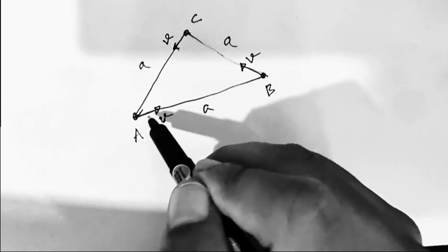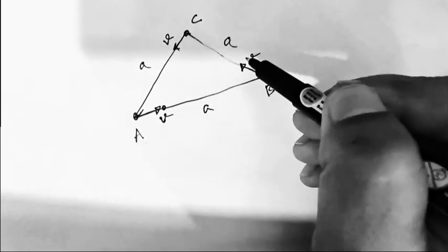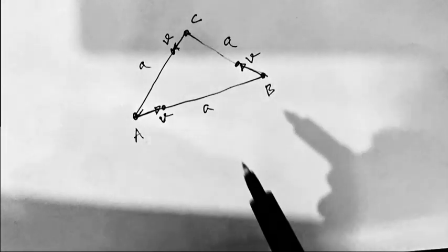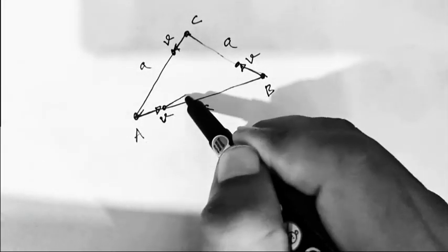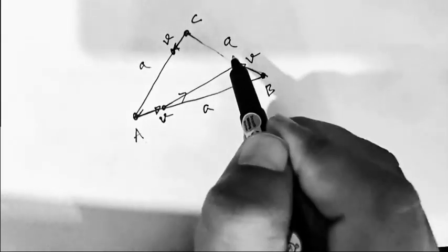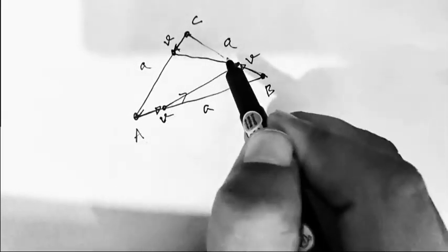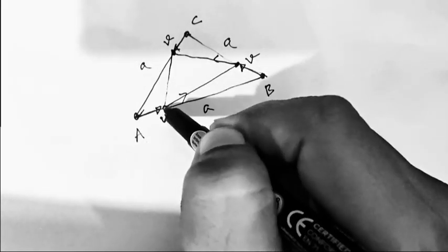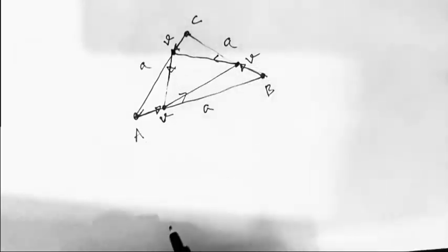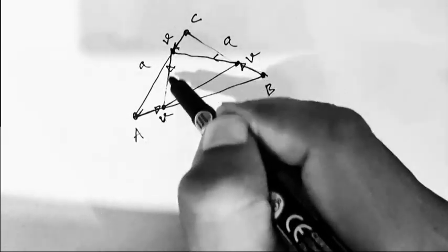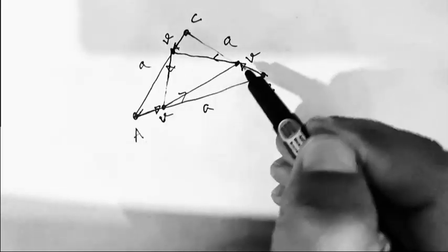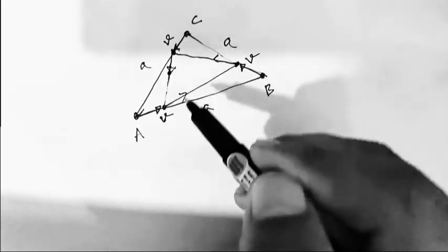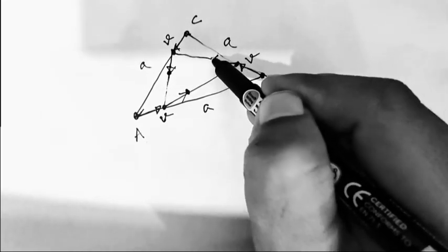However, what will happen after some time is A will be here, B will be here, C will be here, right? And the condition was now A has to move towards B, B has to move towards C. Remember, C is here now, and C has to move towards A. So you will get a new equilateral triangle, but side will be different than this A. So again, when C will be here, A will be here, B will be here.